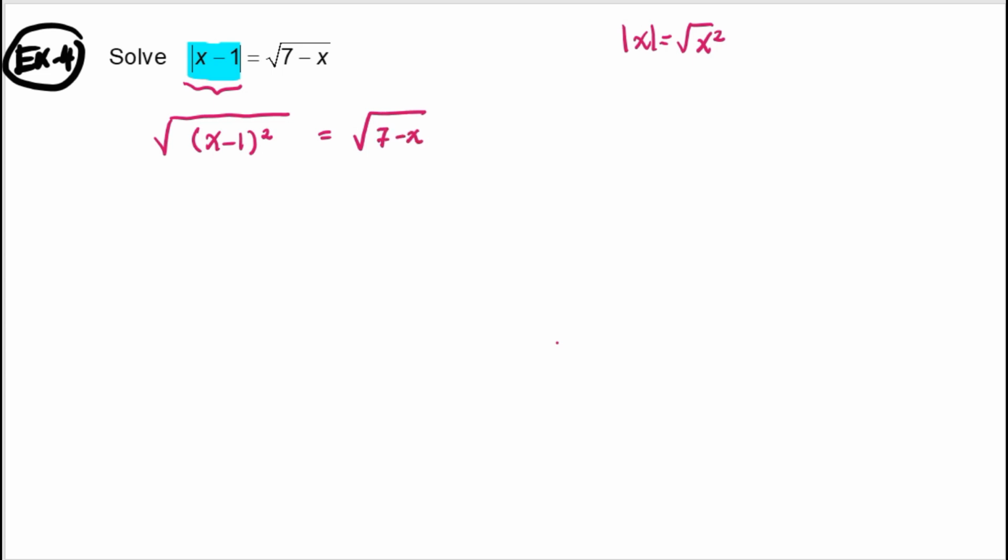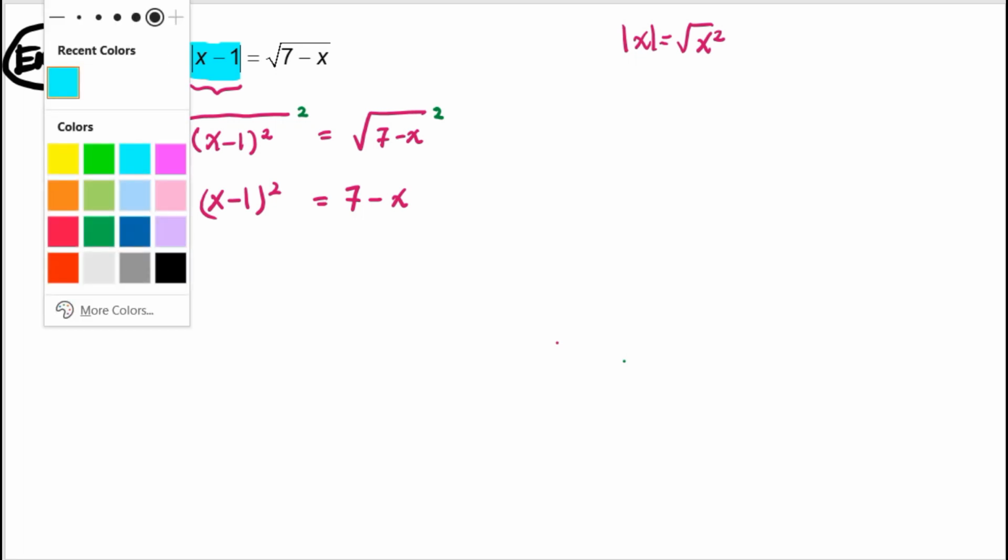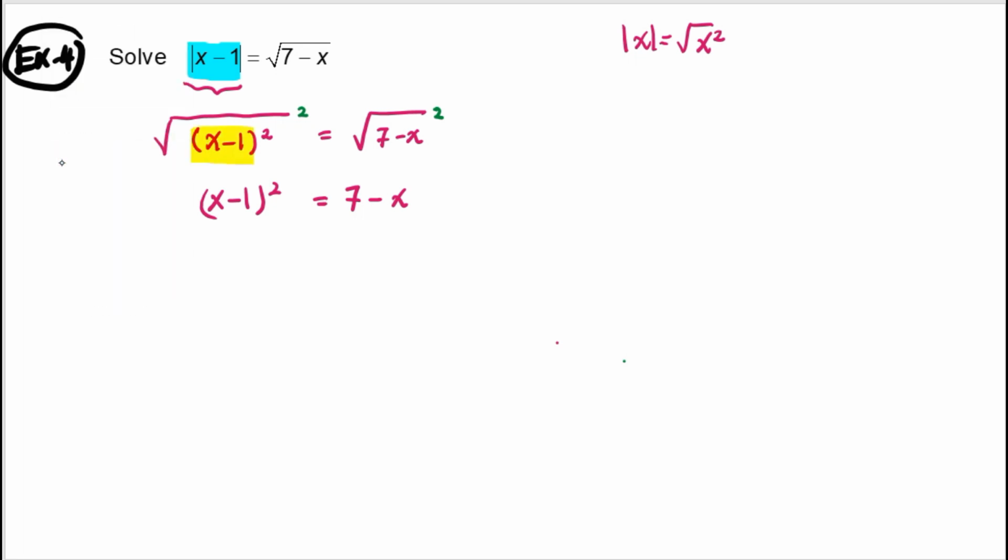To remove the square root on both sides, we have to take the square. Now when we take the square, we are left with x minus 1 squared equal to 7 minus x, which is this part only.